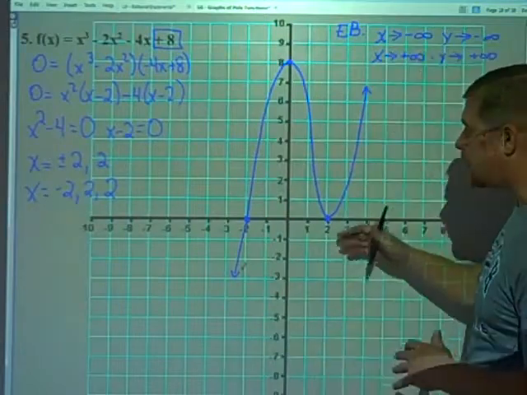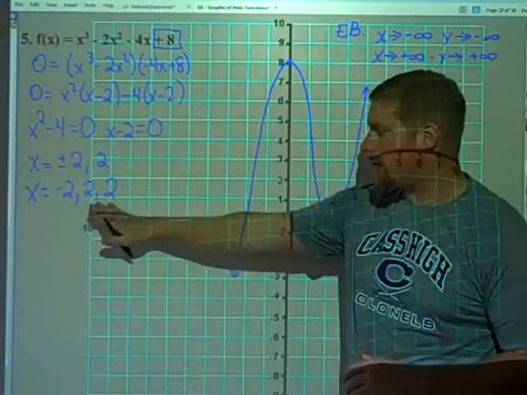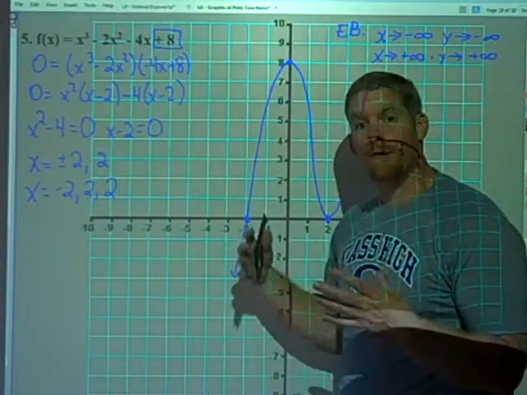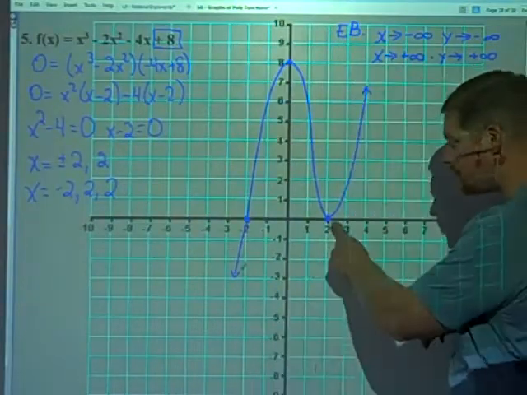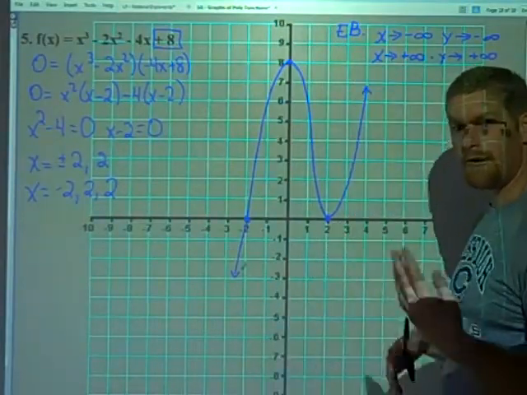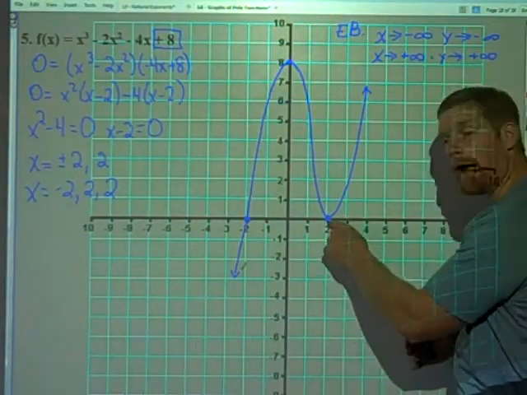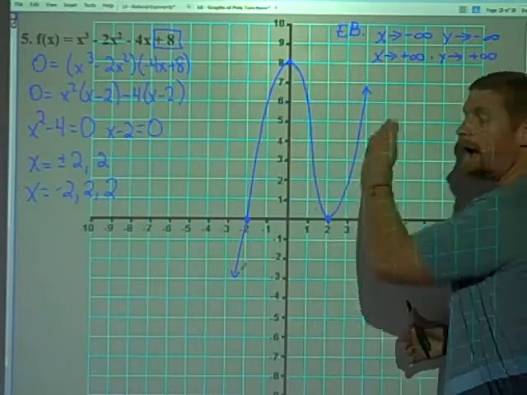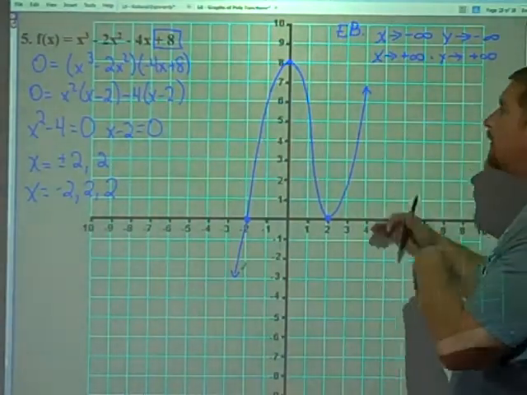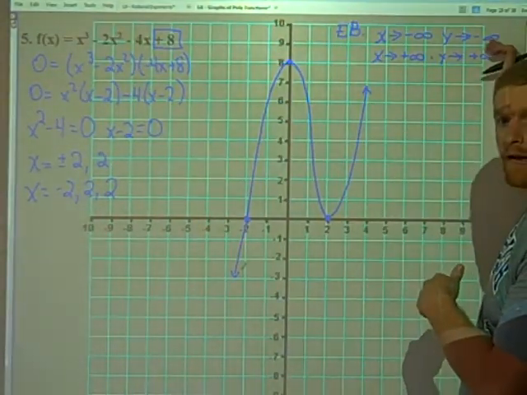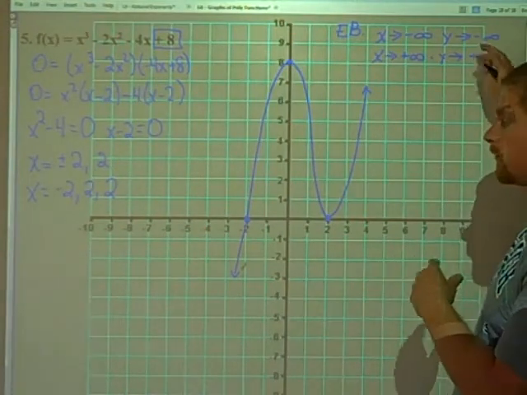So, as you can see, when we have an even multiplicity, like a multiplicity of 2, or maybe a multiplicity of 4, or a multiplicity of 12, it's going to bounce off of the x-axis and go back in the direction that it came from. This is how our end behavior stays in the way it should be.